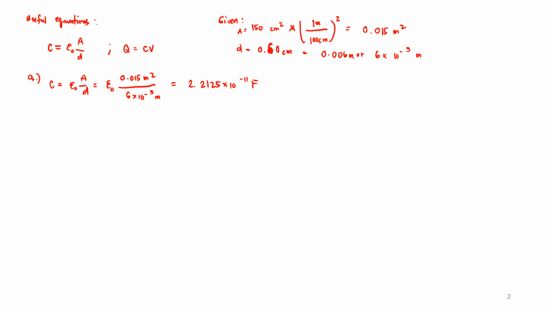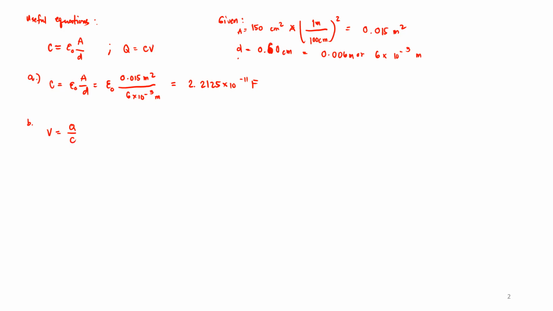Okay, and then the next one is to find the voltage or the potential difference between the plates. So in order to find the potential difference between the plates, we need to use this equation. So from this equation, we can have V equal to Q over the capacitance.